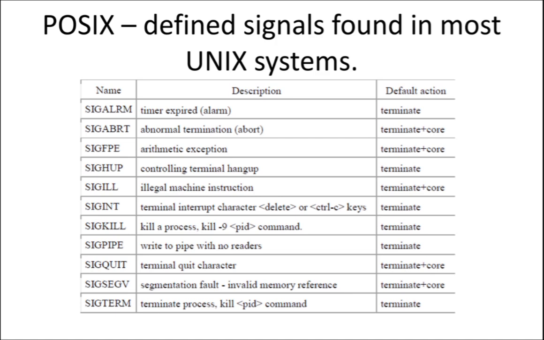If you are trying to execute an illegal machine instruction, it is going to send the signal SIGILL. Next, SIGINT, terminal interrupt character. If you press delete or Control C keys, obviously signal SIGINT will be generated.